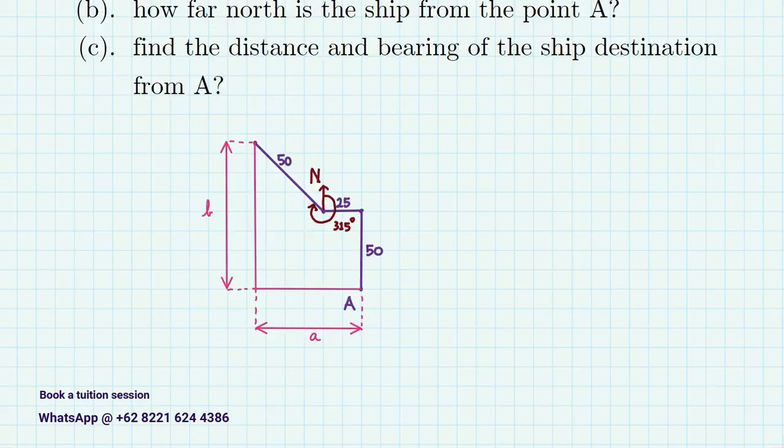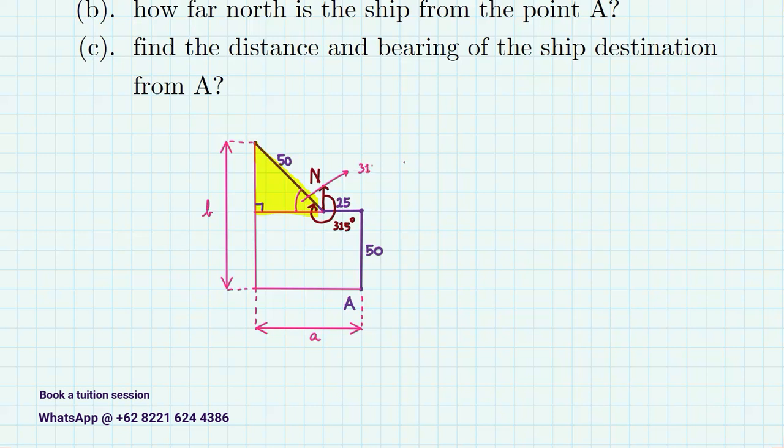For part A, we can actually draw a simple triangle, maybe just to help us see this clearer. I'm gonna draw another line from here, and then you can see there is a triangle here. This triangle is perpendicular at this point, so it's just a right angle triangle. That angle is just 315 degrees minus, from the north up to this line, which is 270 degrees.